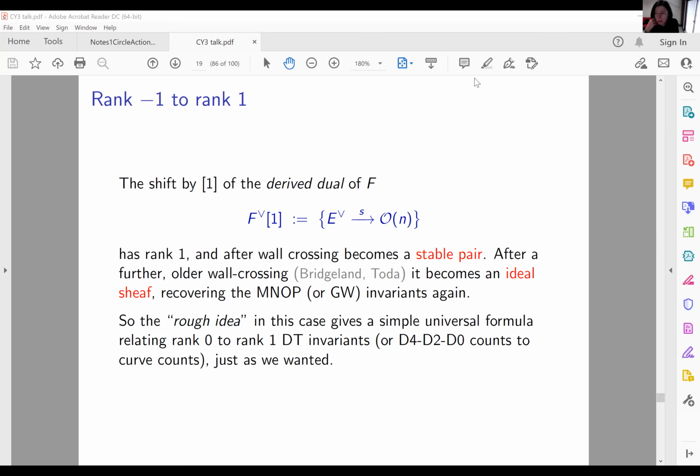Would this apply to a non-compact Calabi-Yau, like, I don't know, O(-3) over P2 or something? We have no idea about non-compact. Yeah, we can't say anything. So for such non-compact Calabi-Yaus, you have a very good description. You certainly know the rank 1 DT theory.